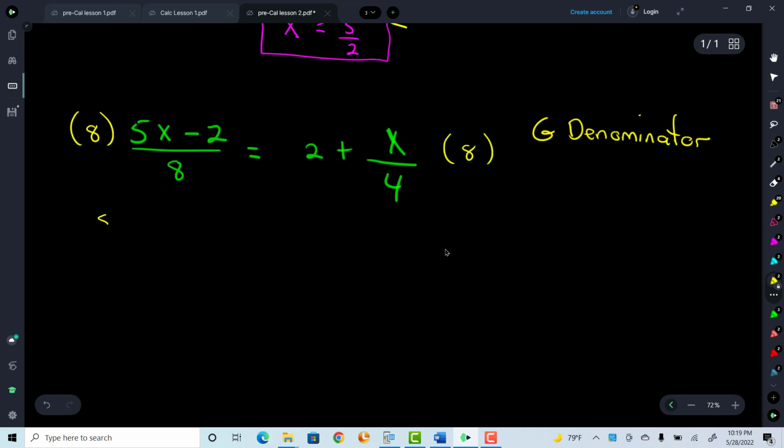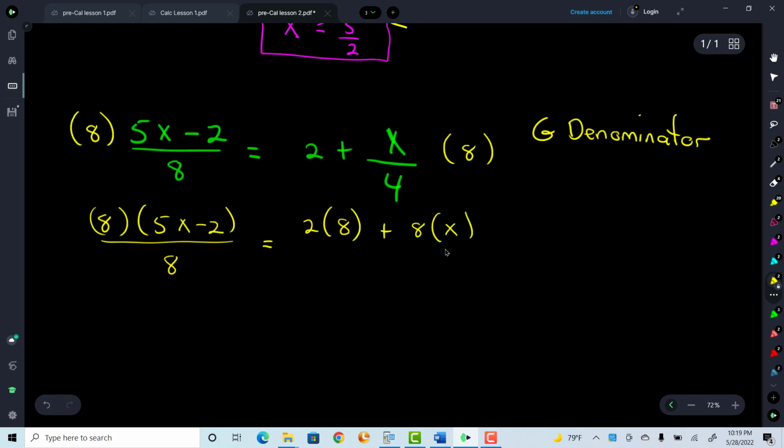Okay, so over here I'm going to have 8 times 5x minus 2 over 8 equals, we're going to do 2 times 8 plus 8 times x over 4. So these 8's will cancel.